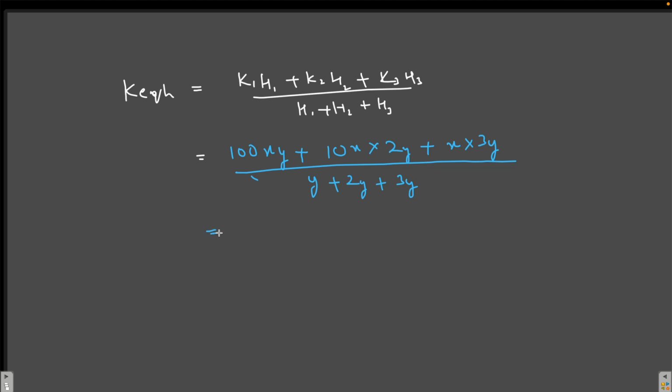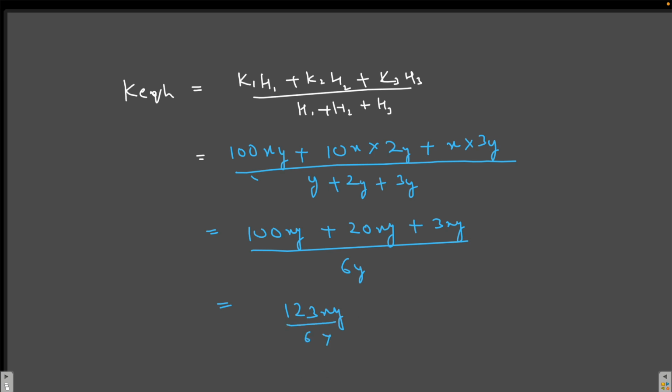So now let's see what is the answer. It is first of all 100xy plus 20xy plus 3xy. Now for the denominator it is 6y. So let's solve it again. It is 100 plus 20 plus 3, that is 123xy by 6y.